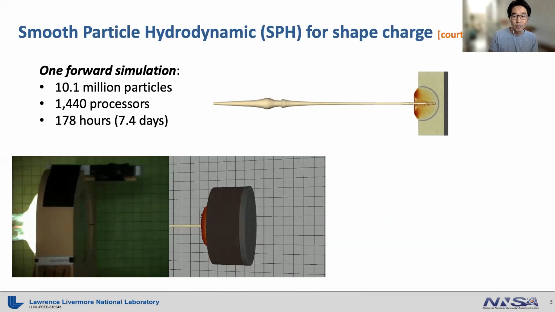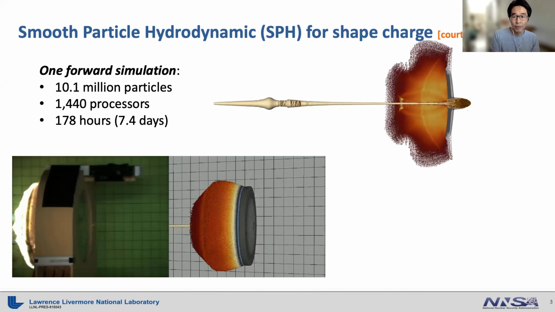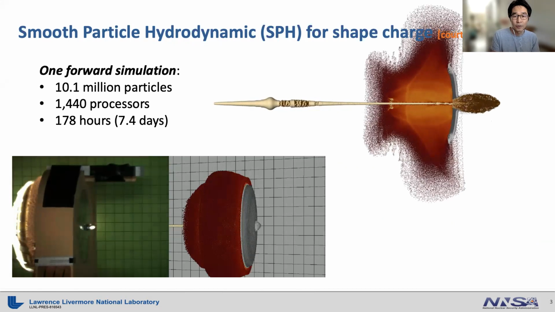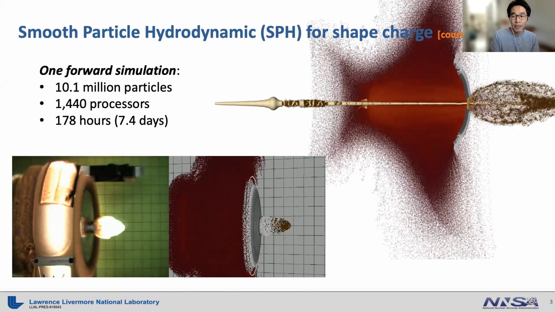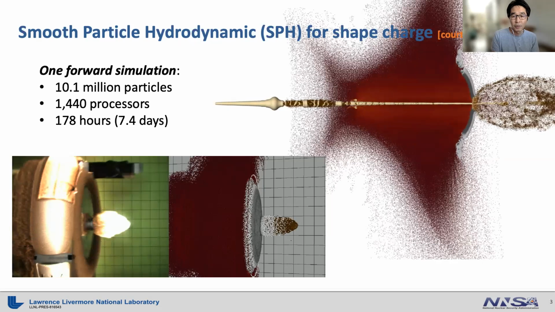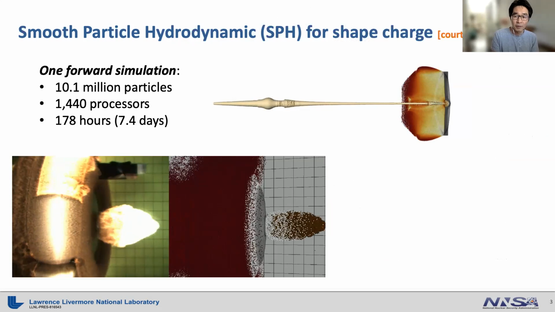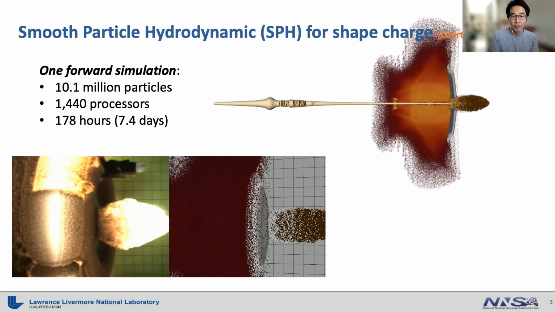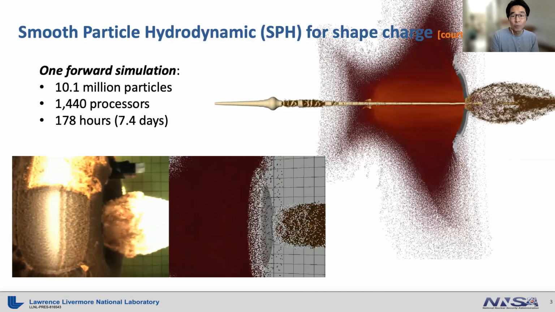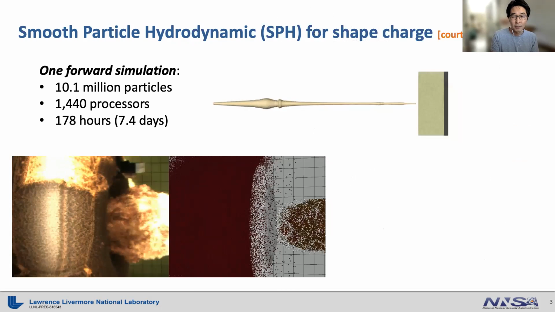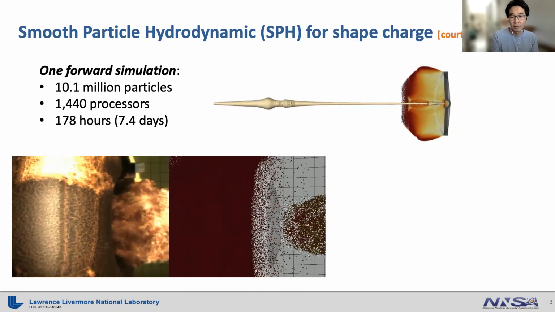Just to set the stage, why a surrogate model? To give you some motivation, you are looking at a beautiful simulation modeled by smoothed particle hydrodynamics for shaped charge penetration, which is simulated at Lawrence Livermore. The simulation is well matched with the experiments, but very expensive.